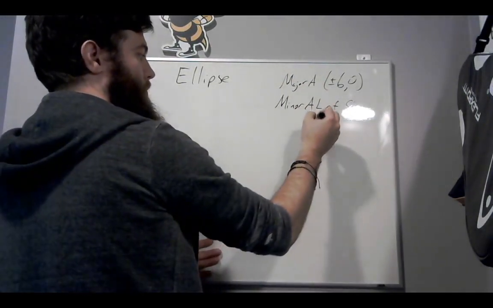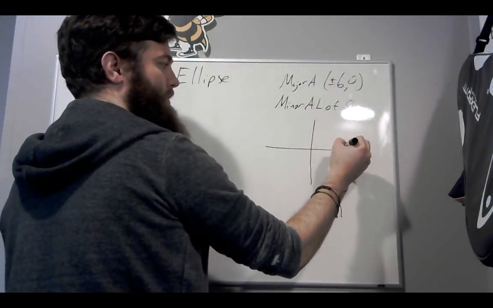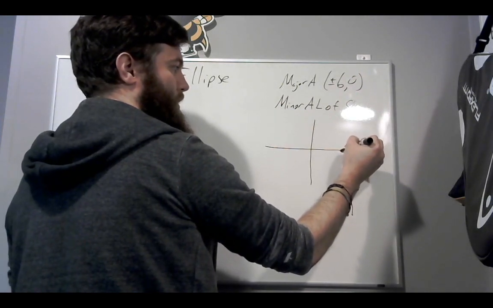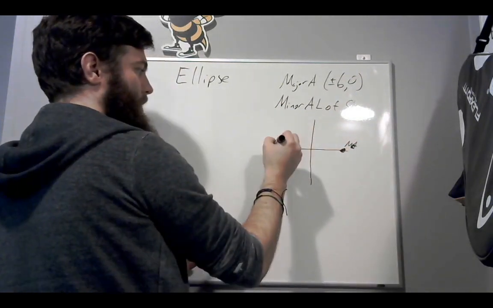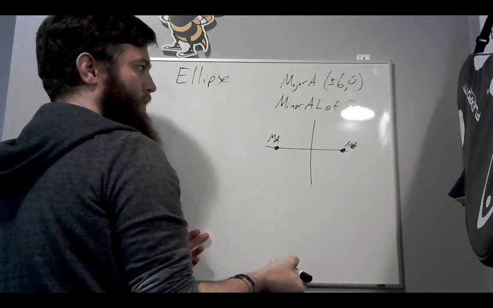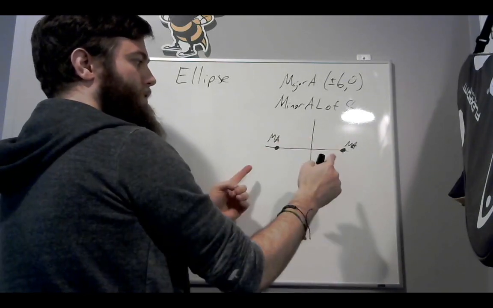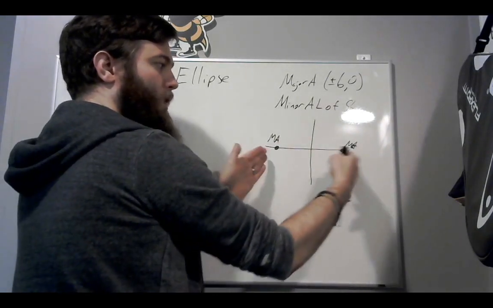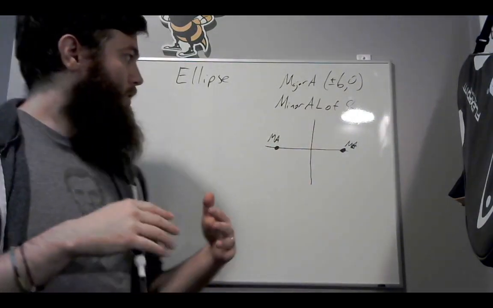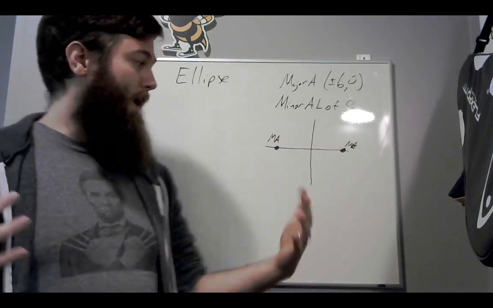So 6, 0 would be somewhere over here. So this would be one of my major axis endpoints. Over here would be another one of the major axis endpoints. Because these are my major axis endpoints, this is going to tell me that this is one of the wider ones, because the major axis describes which is going to be your A value.